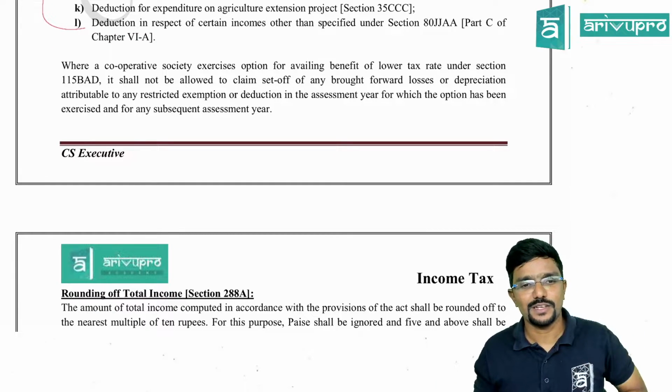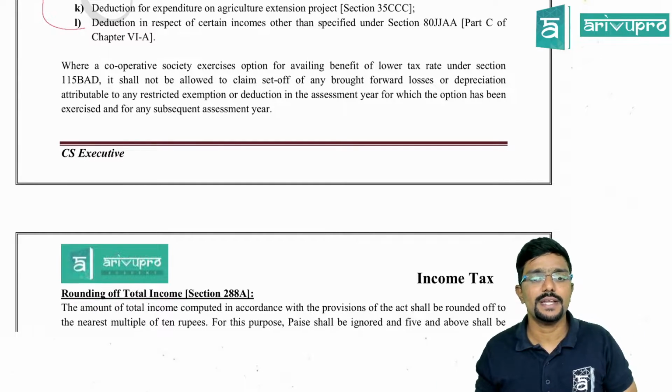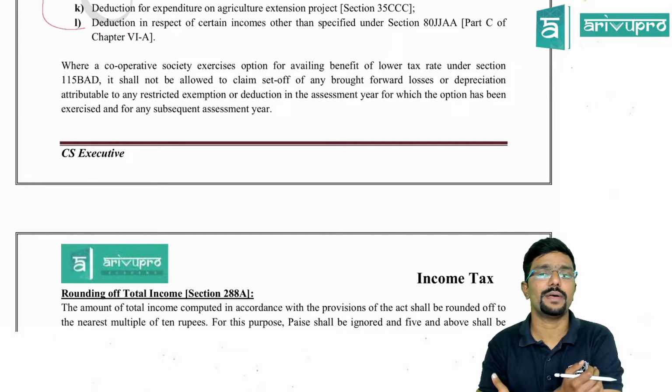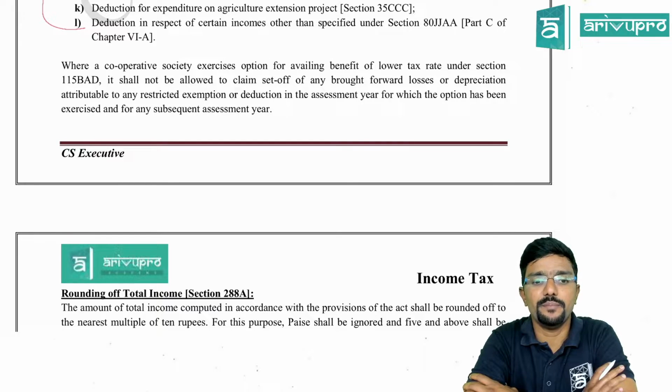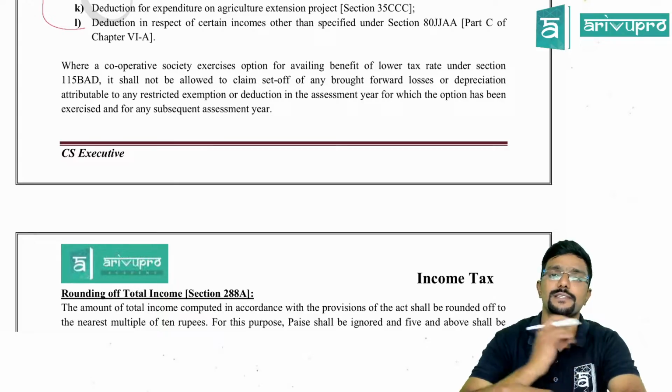So at the end, we have one more paragraph, with respect to losses. Where a cooperative society exercises the option for availing the benefit of lower tax, that is the new scheme under section 115BAD, it shall not be allowed to claim set off of any brought forward losses or depreciation attributable to any restricted exemption or deduction in the assessment year for which the option has been exercised and for any subsequent assessment year.